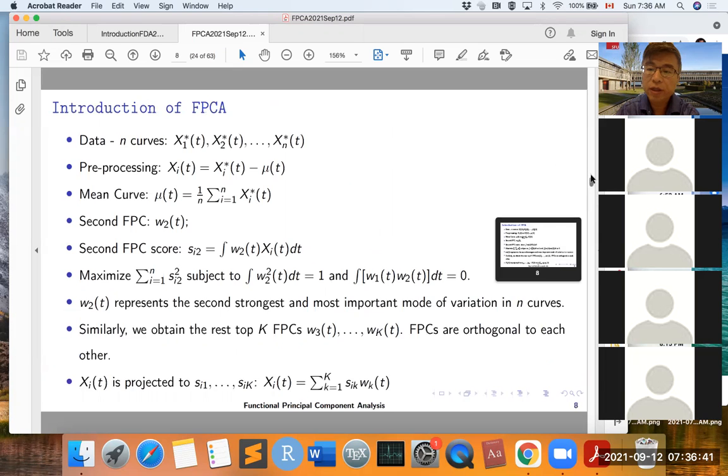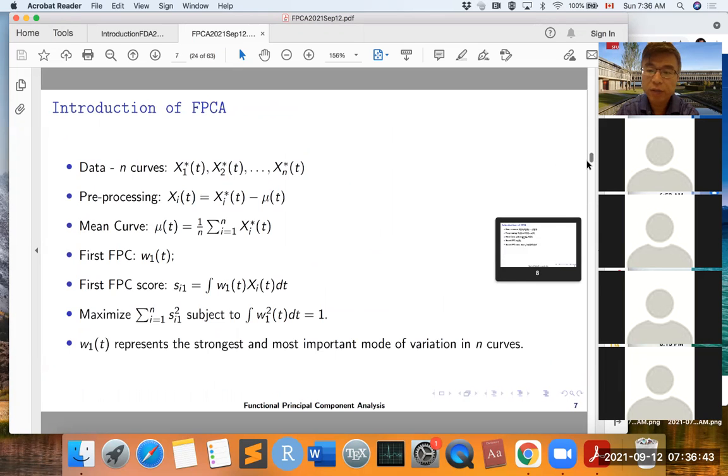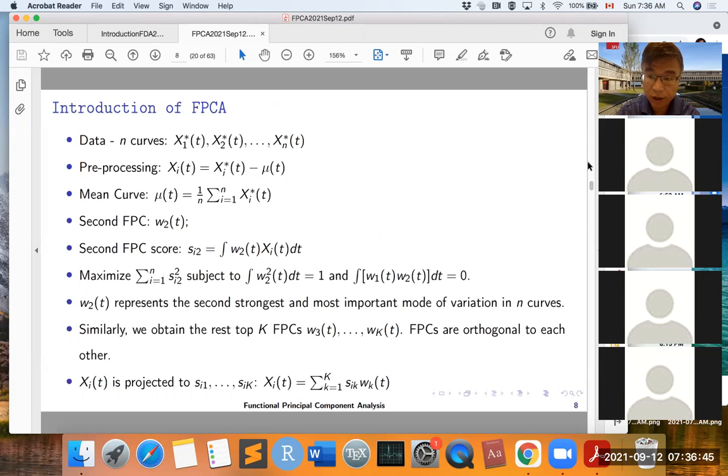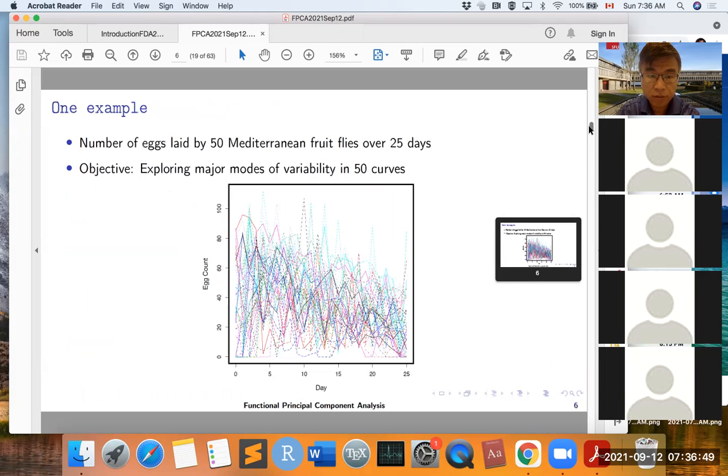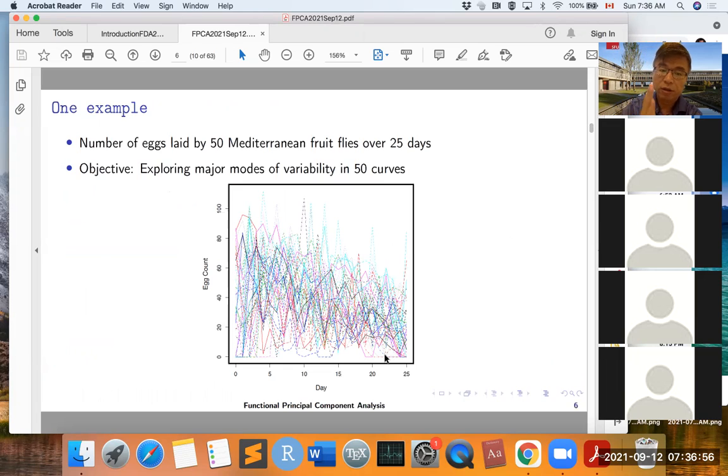For the second LPC scores, let me go to the data. Basically, the second LPC looks at the change, right? How the curve goes from the beginning to the end.